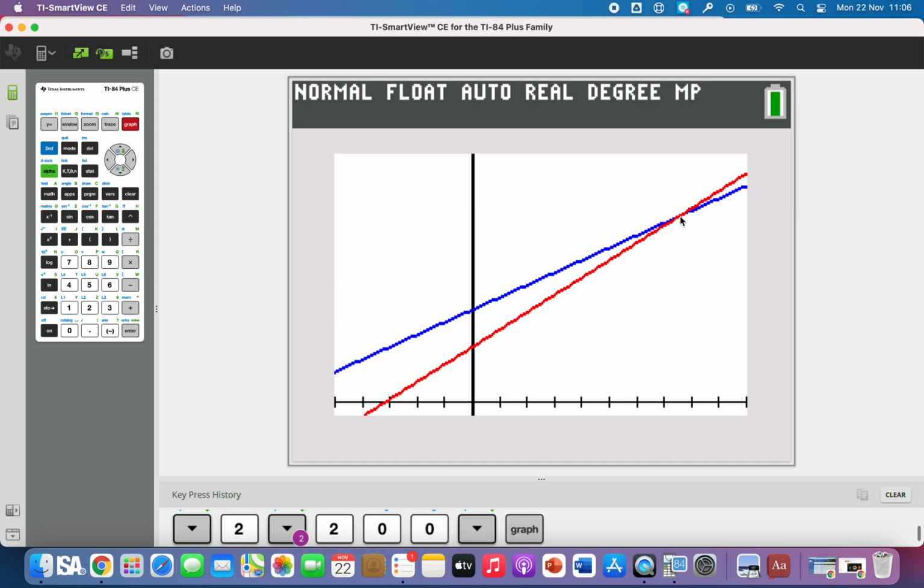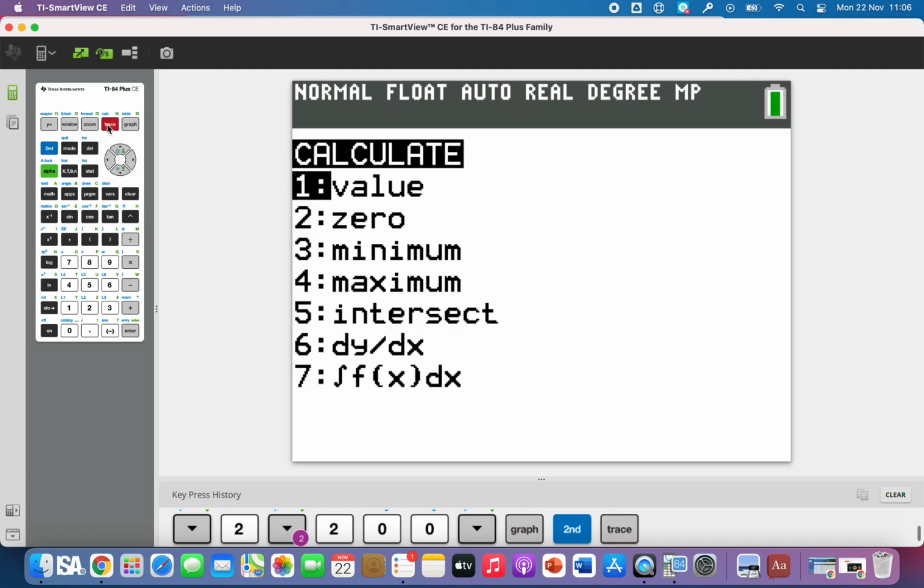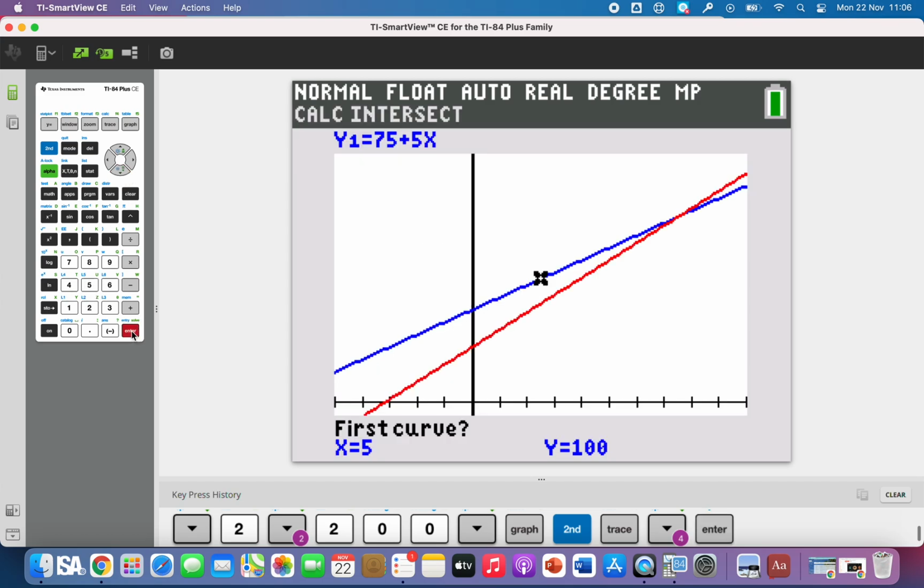Now you want to make sure that you have the right intersection. To check the point of intersection using the graph, you simply go to second trace. Since we want the intersection, you go all the way to 5, or simply type 5 on your keypad and then enter. The calculator will ask you the first curve.